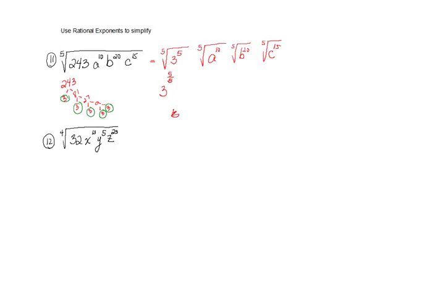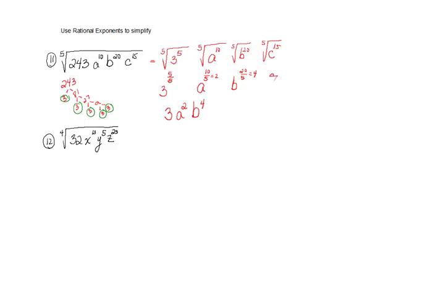Now I have b to the 20 over 5. We know that 20 over 5 is 4, so that'll simplify to b to the 4th power. And c to the 15 over 5, we're just making all these radicals into rational exponents. 15 divided by 5 is 3, so it's c to the 3rd power.